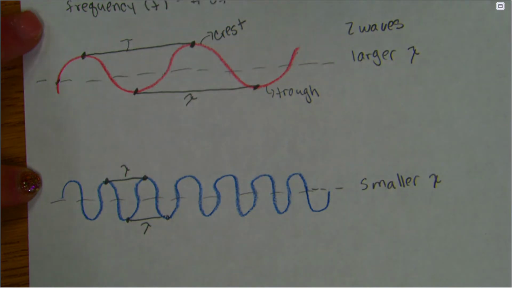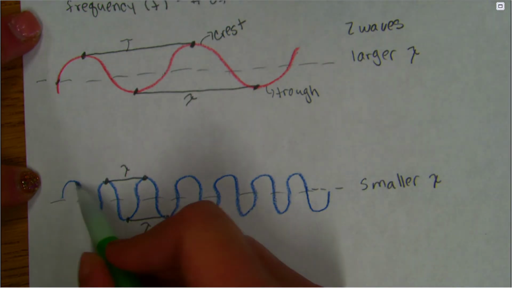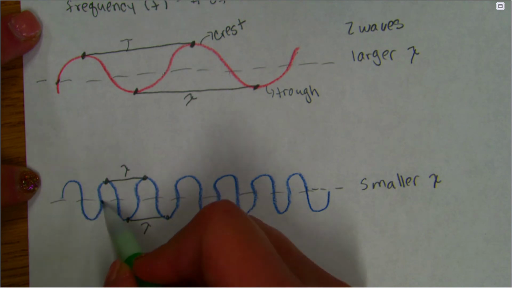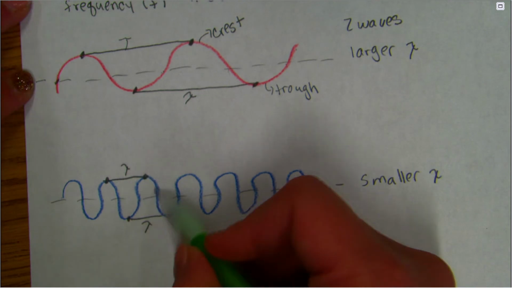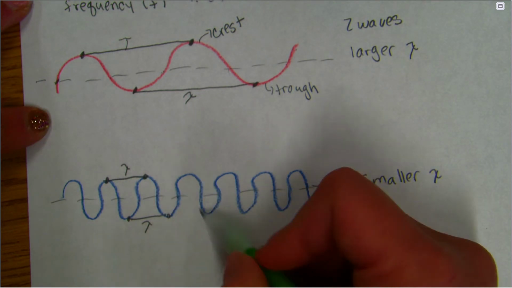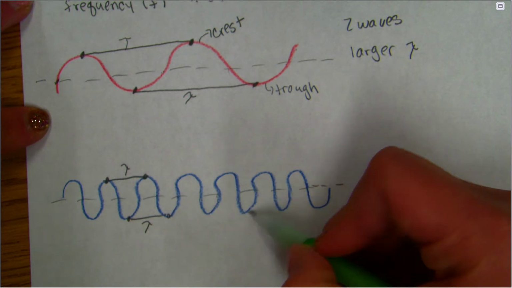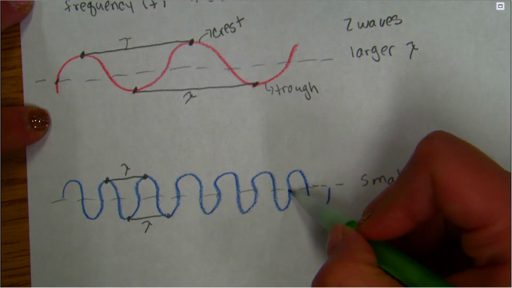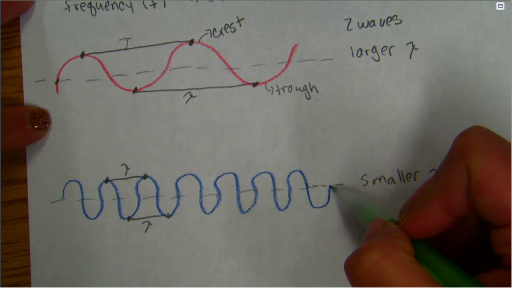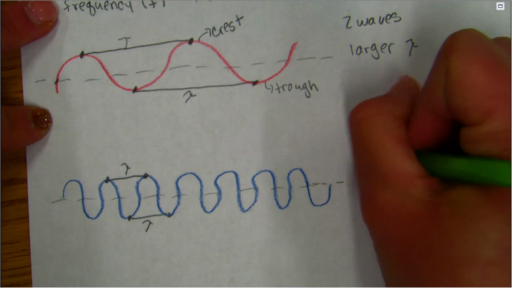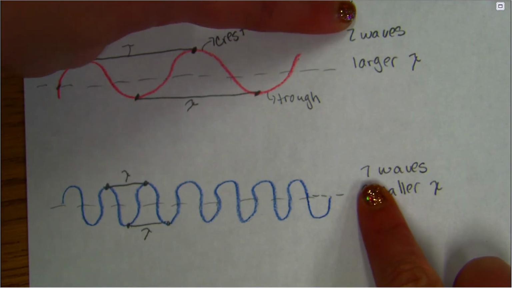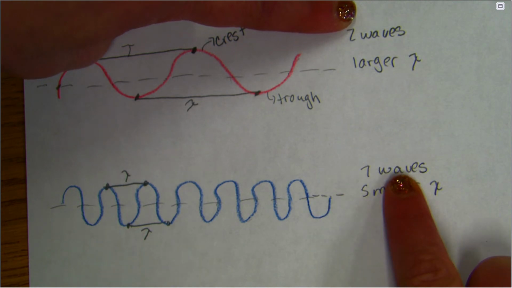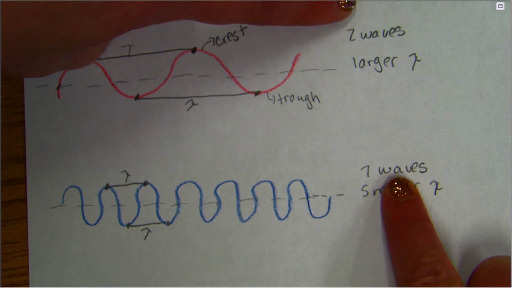All right, let's count our waves. One up and one down is a wave. So that's one wave, two waves, three waves, 4, 5, 6, 7. I have 7 waves. So when we look at the number of waves, the blue has more waves than the red.